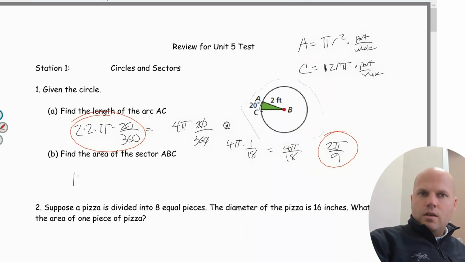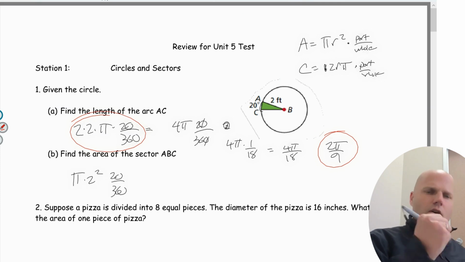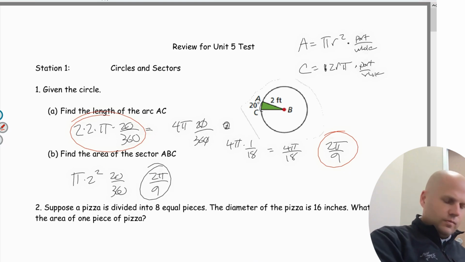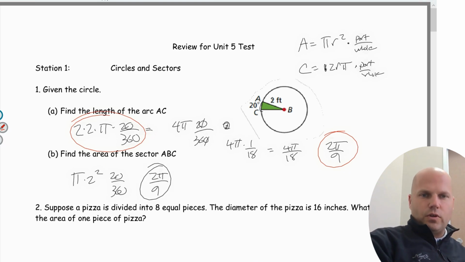Area would be pi r squared, and then the portion of your circle. Again, why isn't it r squared pi? I don't know. So this is 1/18 times 4. It actually is 2/9 pi as well, though we don't like using 2 for a radius because 2 times 2 is 4 and 2 squared is 4. So let's just change this to 3.